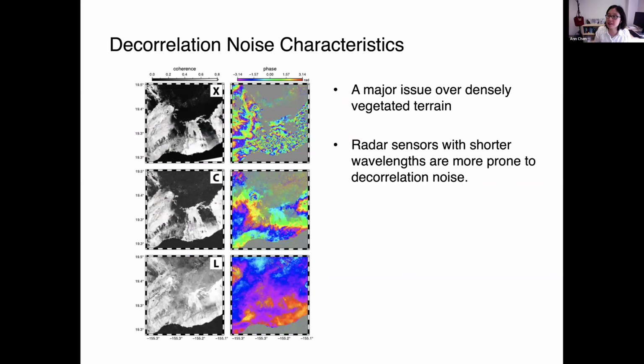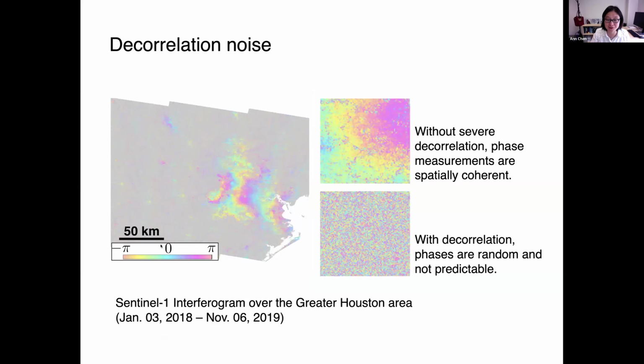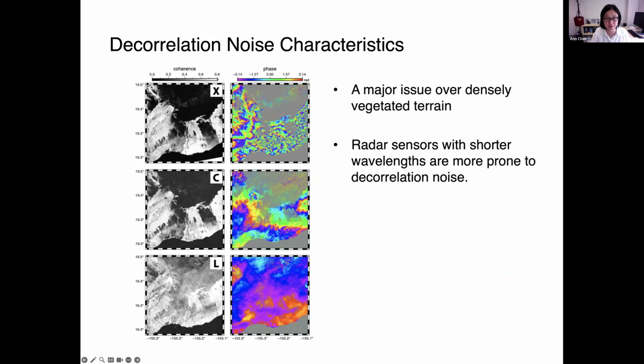Regarding decorrelation characteristics, the good news is that with NISAR L-band, you're going to see much better quality, with more of the data looking like this downtown area rather than this completely decorrelated area. It's wavelength dependent. Here we are showing you interferograms over Hawaii's Big Island, the south flank of Kilauea, for X-band, C-band, and L-band data. Usually with X-band, you won't have any coherence in this rainforest area. You have been there.